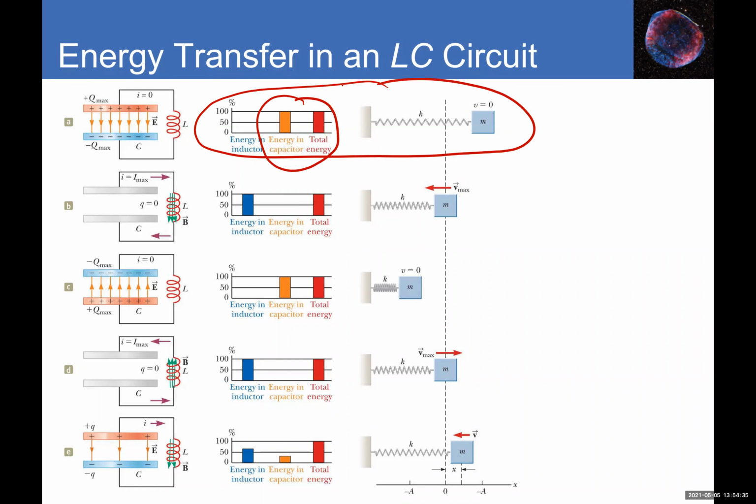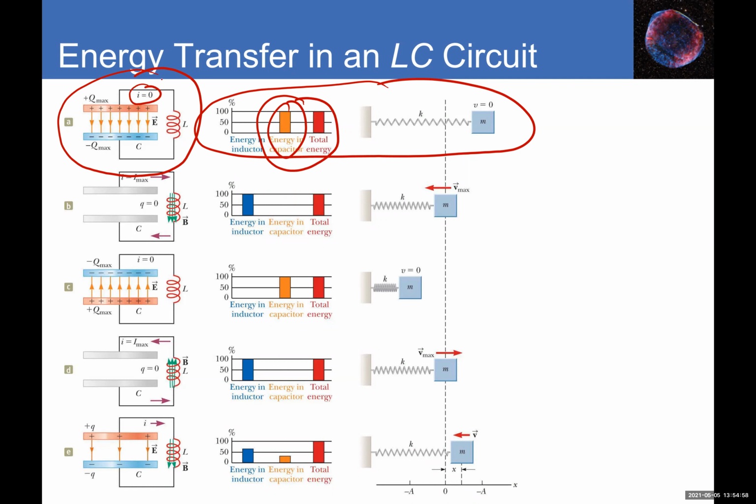Analogously, in this circuit, where you have a capacitor here and an inductor over there, let's call that instant t equals 0. All the energy here is stored in the electric field of the capacitor.